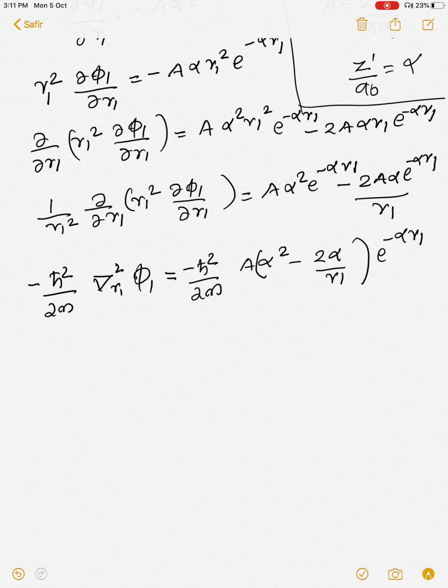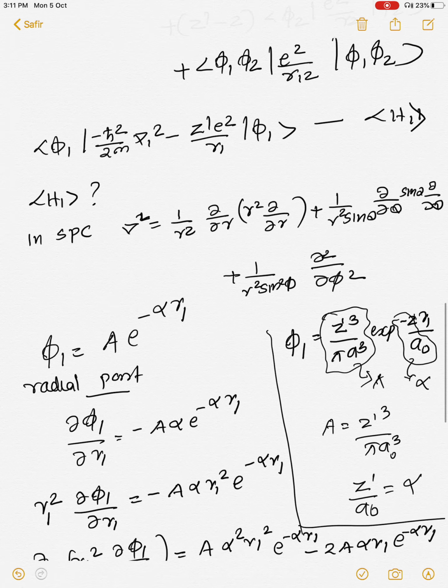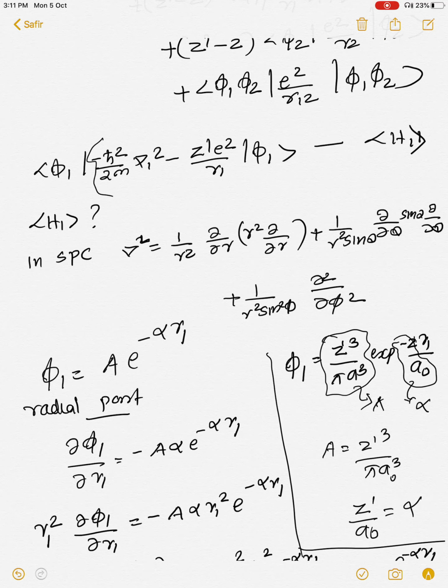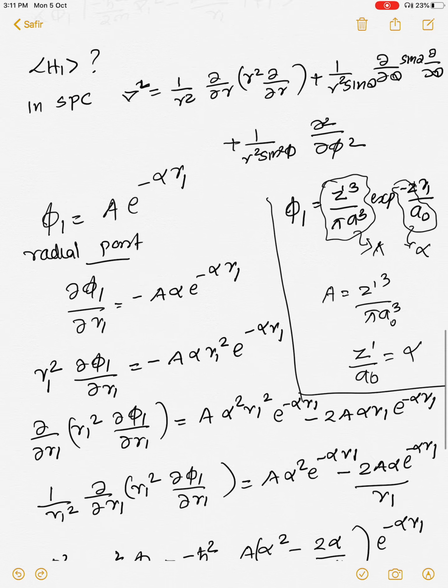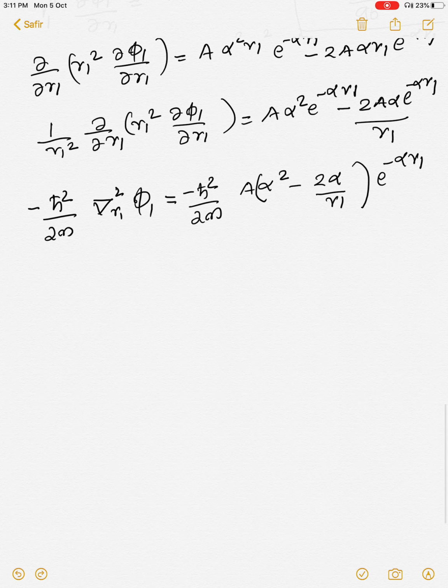I took A and e power minus alpha r1 outside as constants. This much I found, and now I am going to find H1.